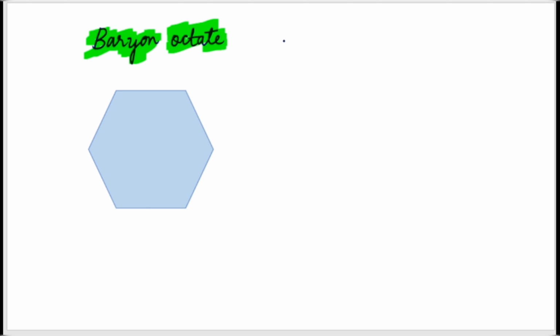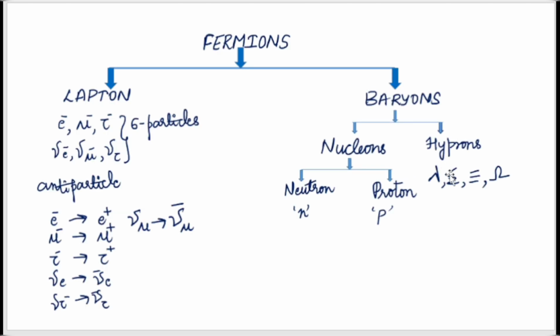Under baryons, we have nucleons and hyperons, right? Let us go to the chart. Under hyperons we have lambda, sigma, cascade and omega. This lambda is considered to be lambda 0 particle, and cascade is divided into two particles called cascade negative and cascade 0.